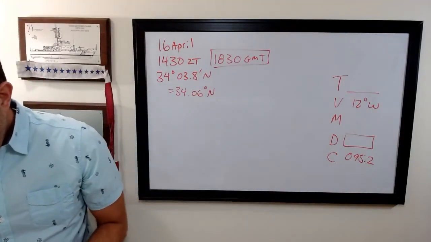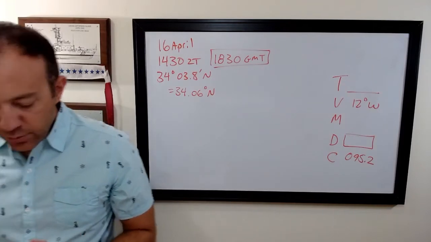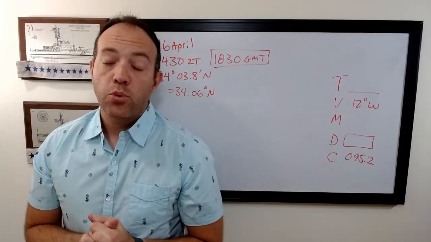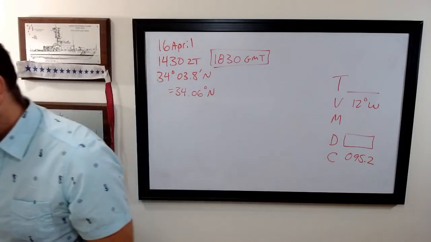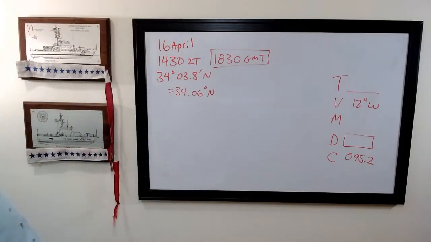Okay, so where can we go for this? Well, it's going to be table 27 in Bowditch. Latitude, which we got, and the declination, which we can get. So let's pop over to the Nautical Almanac and get the declination for this day, 16th of April.